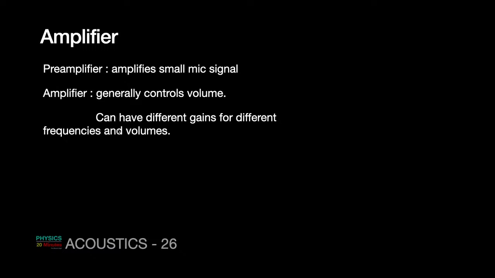For example, some speakers may require stronger bass, or some speakers require stronger higher frequencies. Similarly, the volume, the loudness level, etc., will decide the gain at different levels. Sometimes at a higher volume or a higher loudness level, you get a lot of noise or distortion. So in order to reduce the distortion, you decrease the gain.